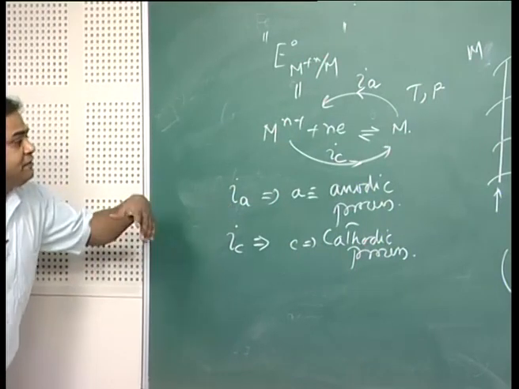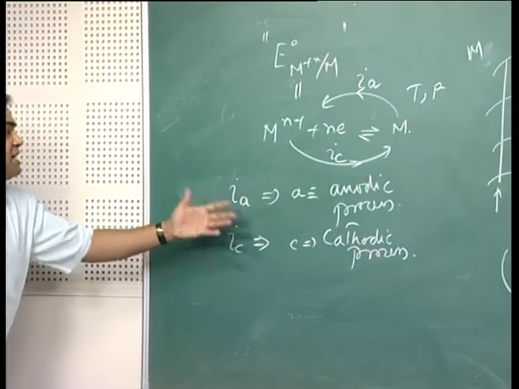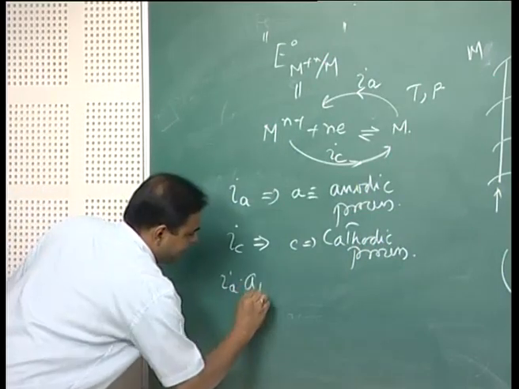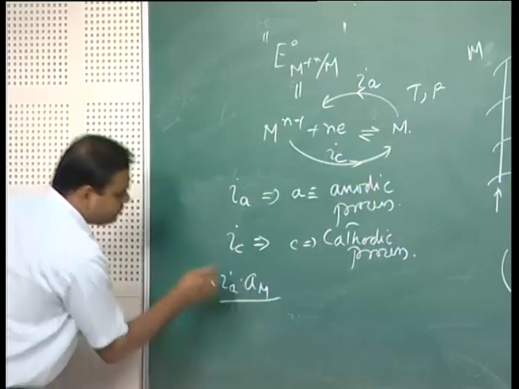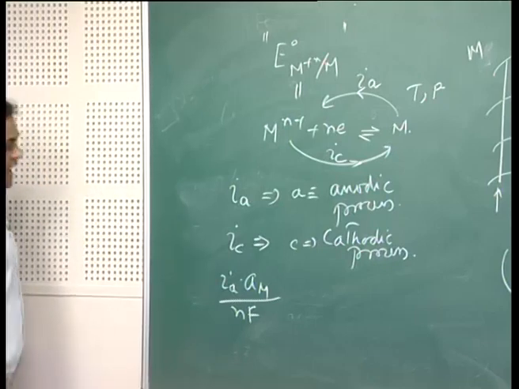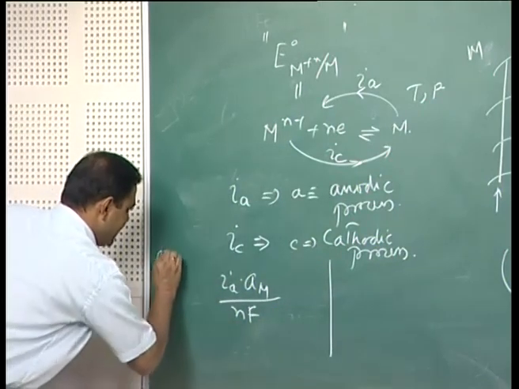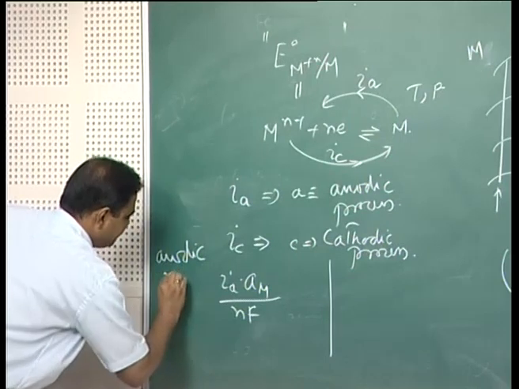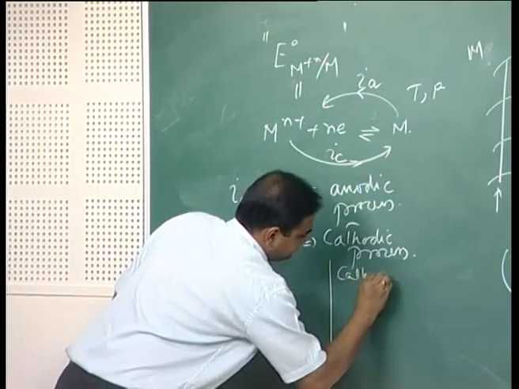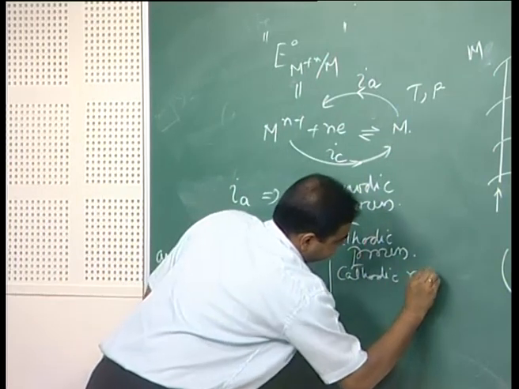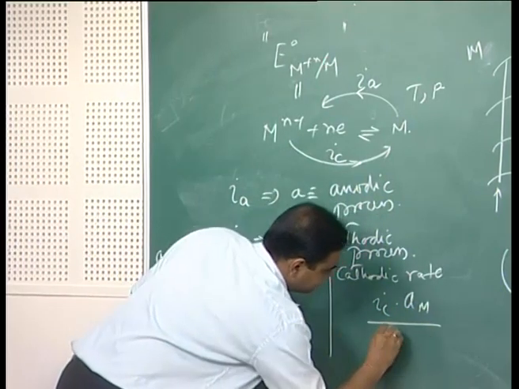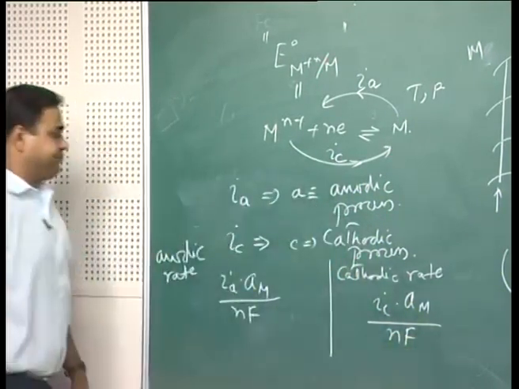Now, if you would like to find out my rate of anodic process, it is I_A into A of metal, the atomic weight of metal, divided by nF, and this is the anodic rate, and the cathodic rate is I_C into A of M divided by nF.